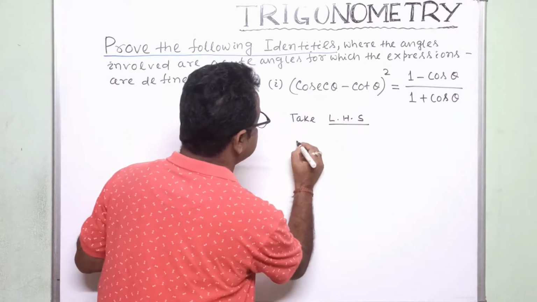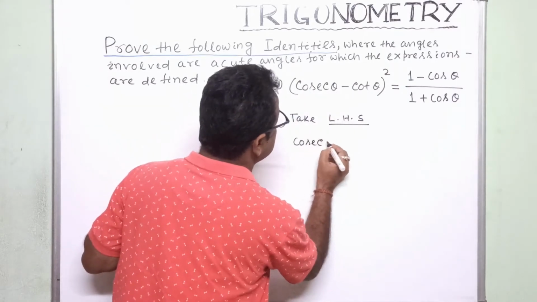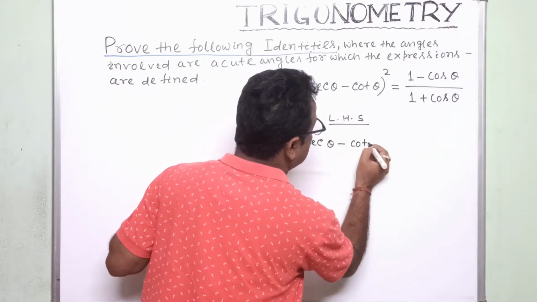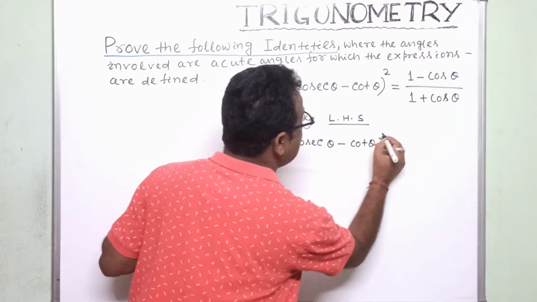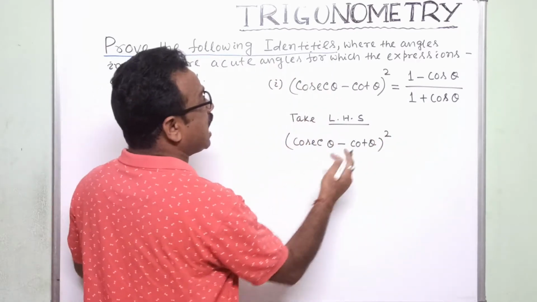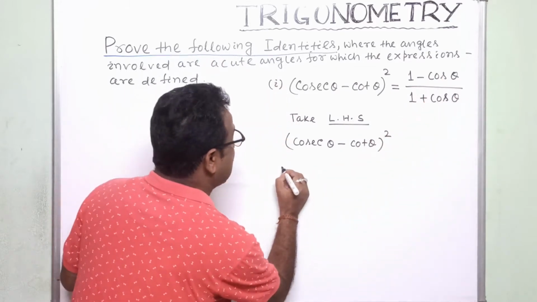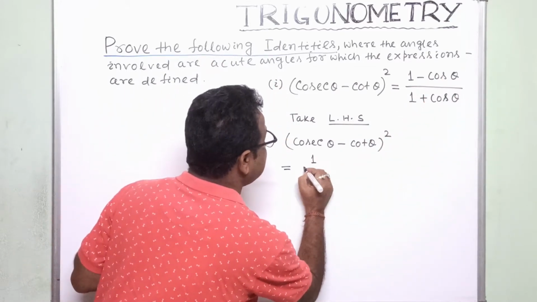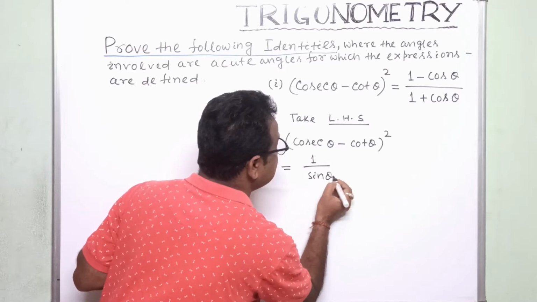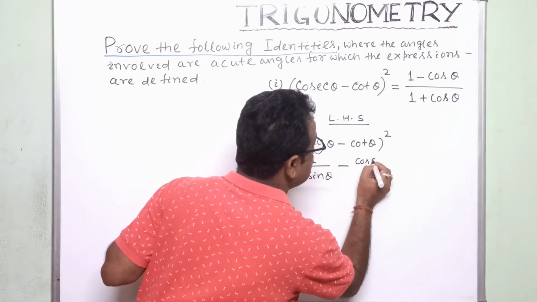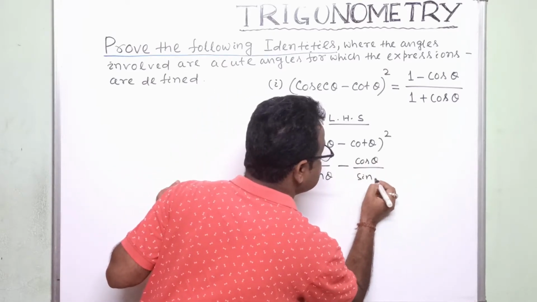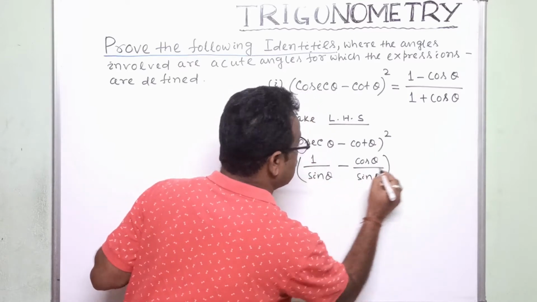What is given? This is (cosec theta minus cot theta) whole square. Now we require cos theta in the right side. So that is equal to (1 by sin theta minus cos theta by sin theta) whole square.